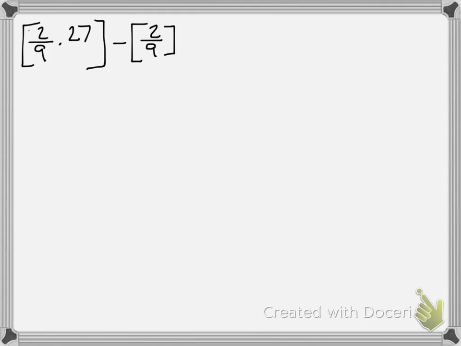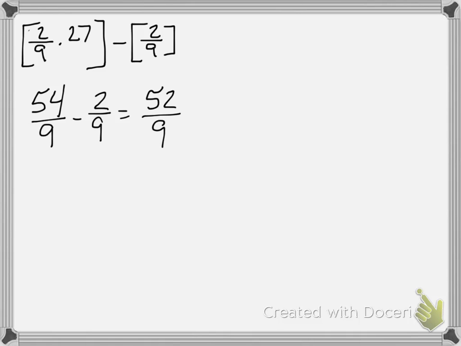Okay, so we have 2 times 27, which should give us, let's see, 54. 54/9 minus 2/9 should give us 52/9 as our final answer.